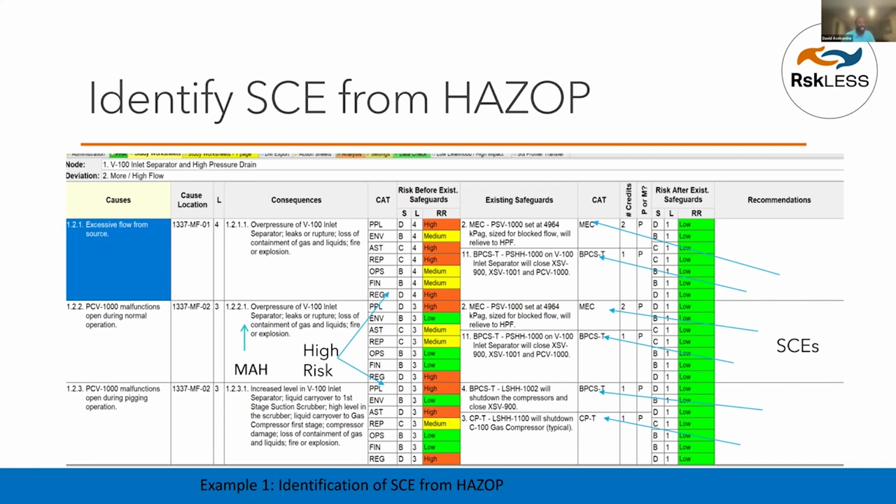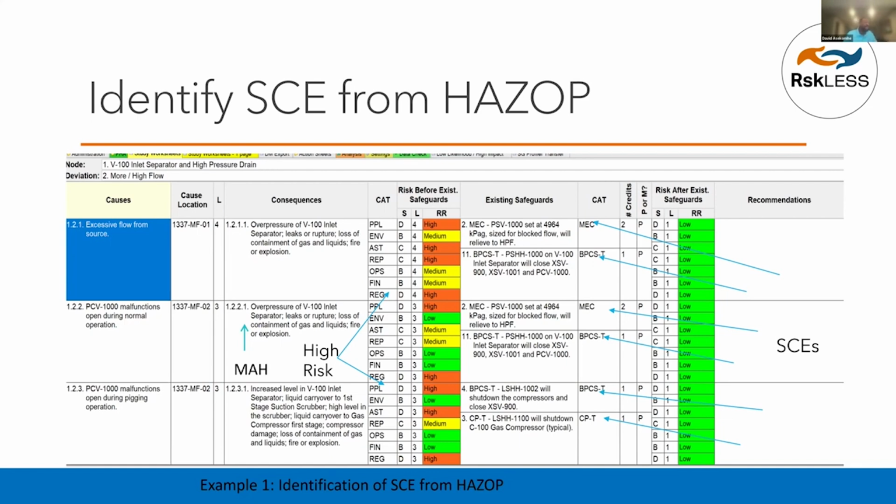You must know your sizing case. And they say it relieves to the flare. All these things would have been done prior to coming to the HAZOP. The process engineer, in addition to a lot of smart engineers, would have looked at the design case for the PSV. While the PSV is good, we take 2 credits based on the complete standard.